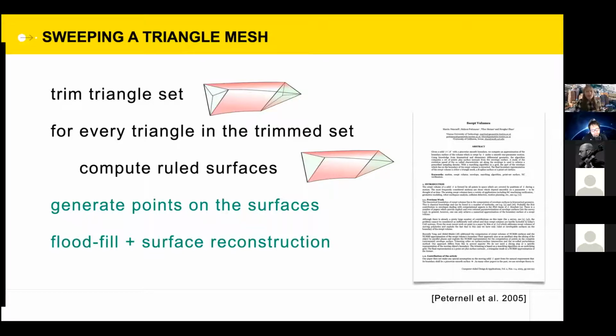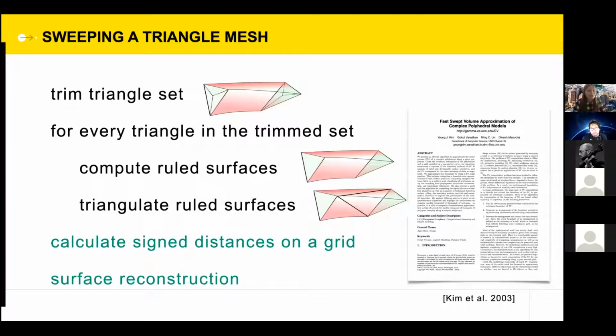Now, they circumvented that very expensive intersection resolving step, but they did it at the cost of adding all the approximation error related to converting from surface to point cloud and then from point cloud to triangle mesh. So it's a bit sad, but it's a way of doing it.